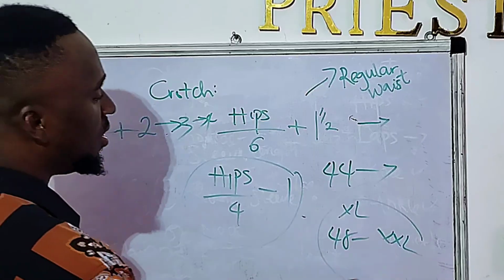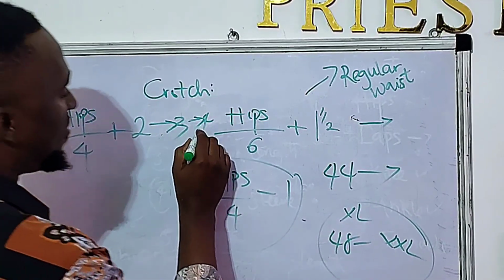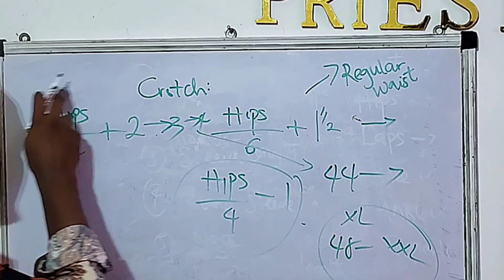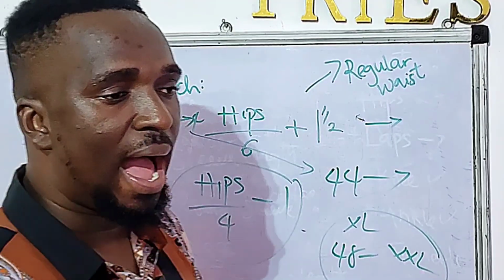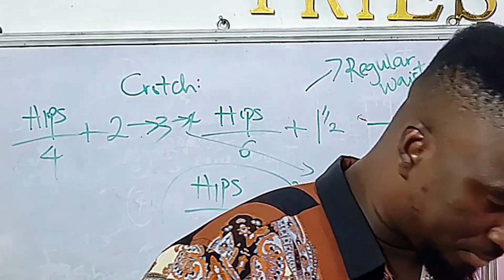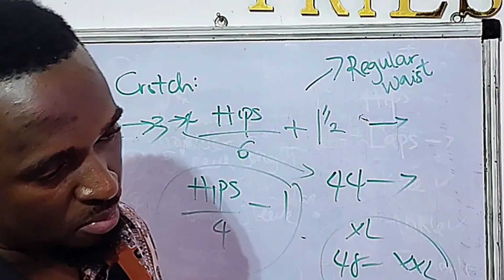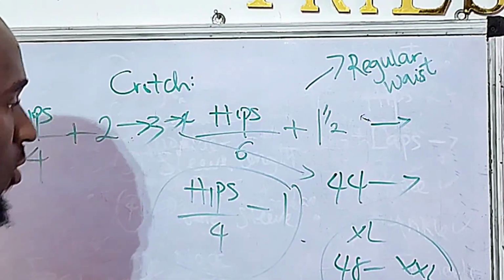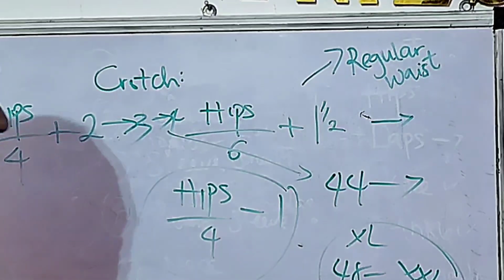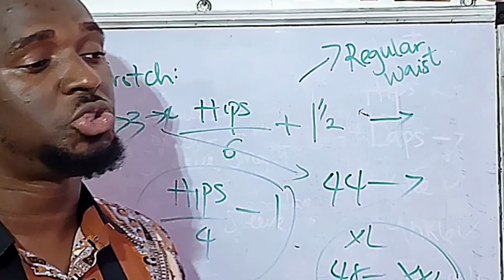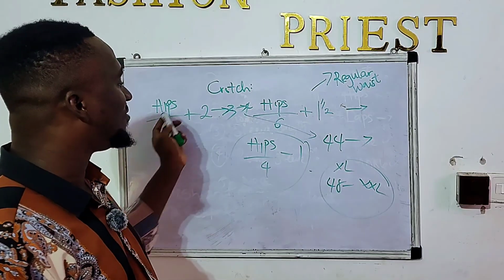In this case, you add an extra 3.5 to 4 inches to your hip over 4 to get your crotch extension for the high waist trouser. This is just a summary of the whole theory. In our further calculations and drafting, I'll be showing you how to apply these formulas.